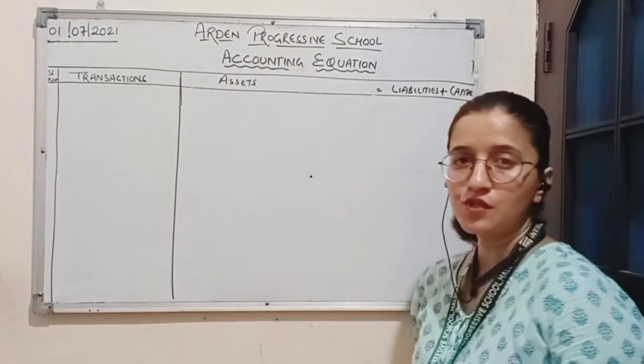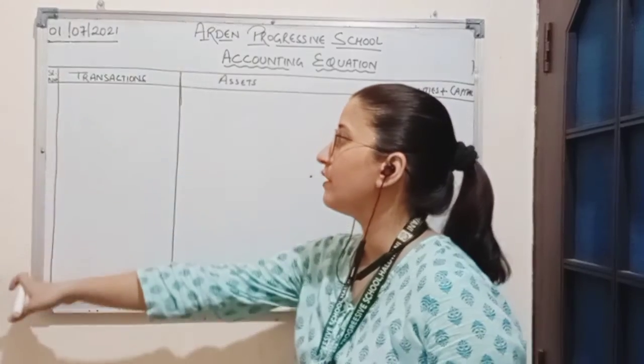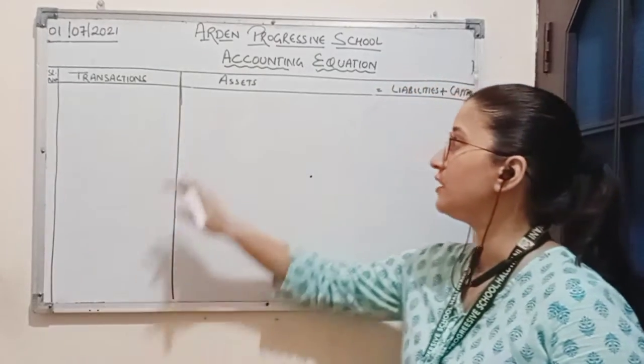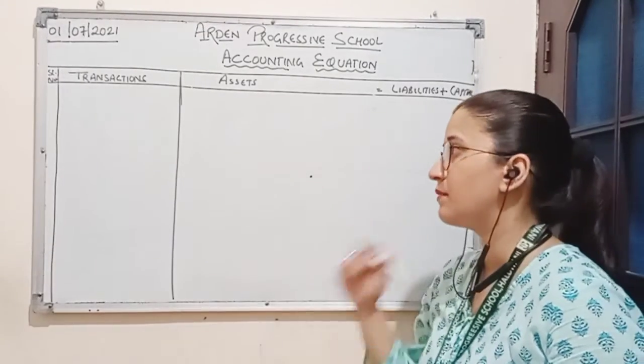So coming to the solution part, this is the format of the accounting equation. The first column will be the serial number, then the transaction, then we will write the equation: assets is equal to liabilities plus capital.